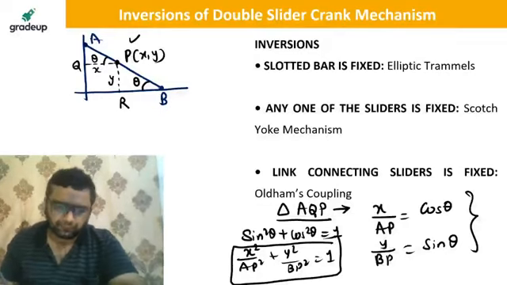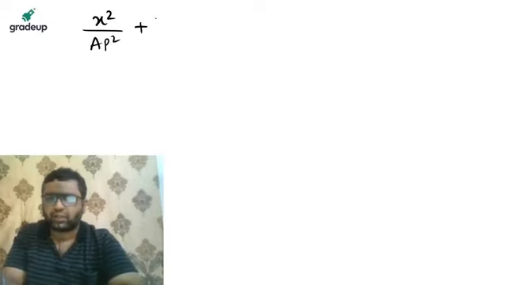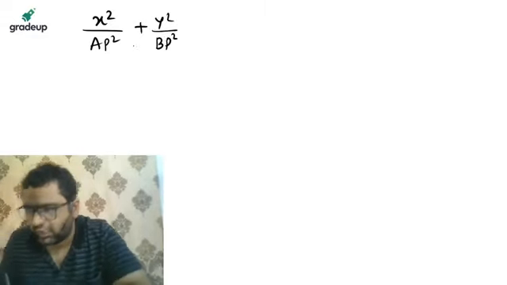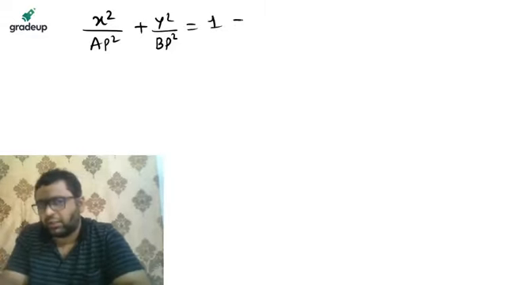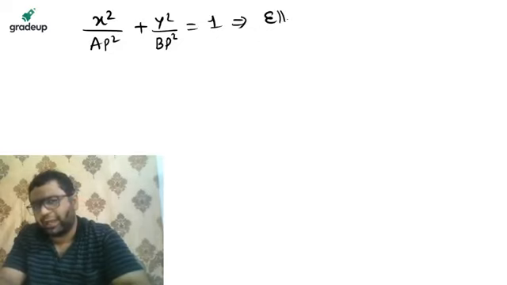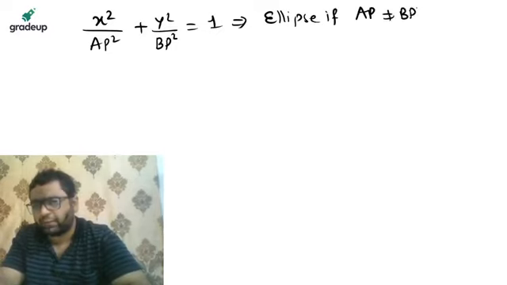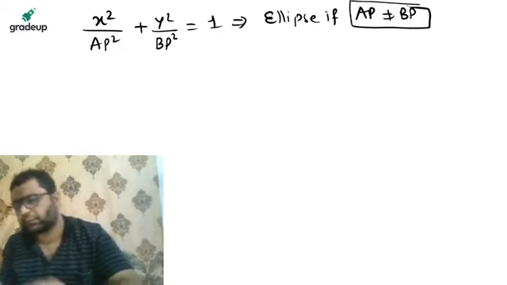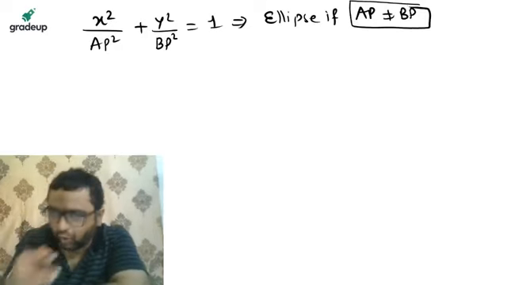My dear, the equation x square by AP square plus y square by BP square is equal to 1 is going to be an equation of an ellipse if AP is not equal to BP.